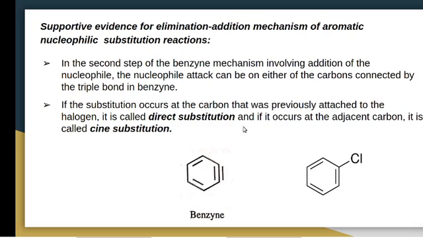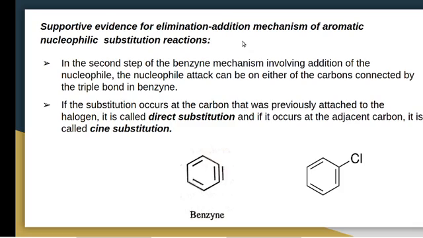We discussed that aromatic halides which do not contain any electron withdrawing group or any electron donating group follow the elimination addition mechanism, and also aromatic halides which contain electron donating groups follow the elimination addition mechanism.